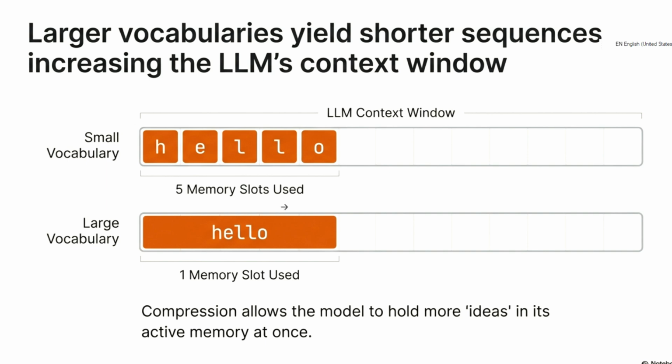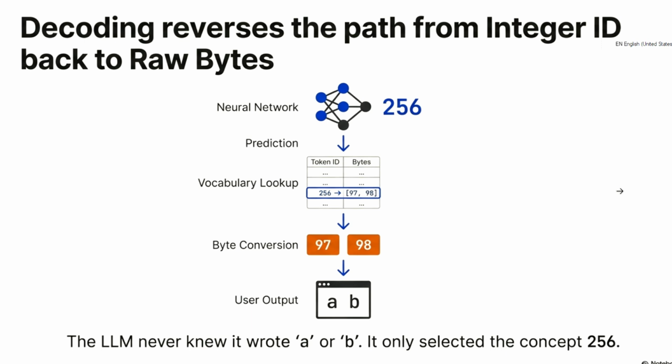And why do we do all that? To decrease the memory slots used. So this is the LLM context window. If we had just put H-E-L-L-O, it would have used 5 memory slots. But now we just put hello, it just used 1 memory slot. That is simple.